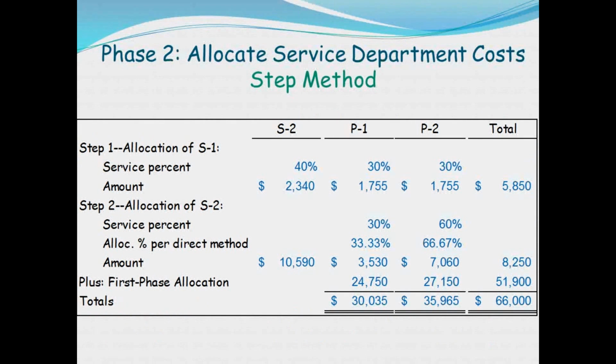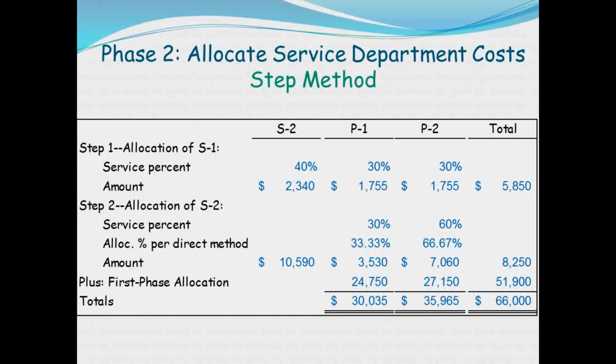The step method says, rather than ignoring the allocations completely, let's choose just one of the service departments to allocate to the other. Rather than having this guesswork between them, let's choose one to allocate to the other, and then ignore the allocation back.